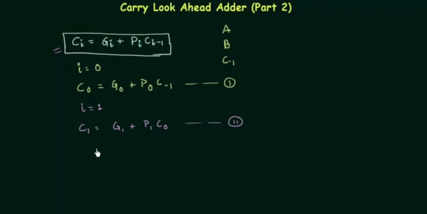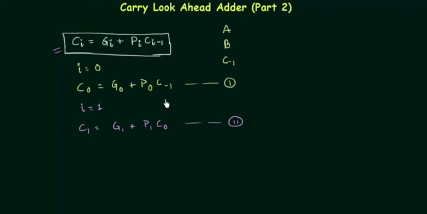So what do we want? We want all of our carries C0, C1, C2 and C3 to have the carry C minus 1 on the right hand side, so that we don't have to wait for any carry to come out. This is something we have already discussed in the first part of the CLA.